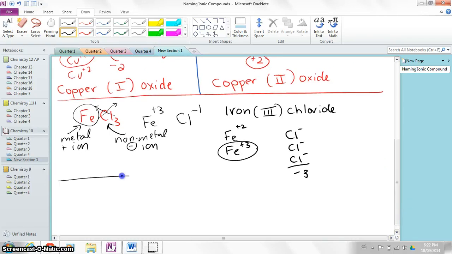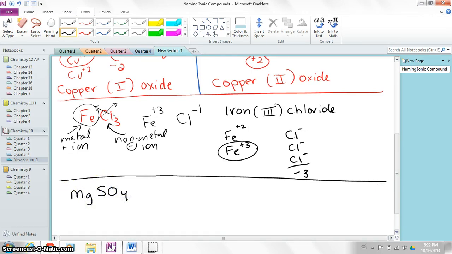Before we finish off, I want to talk about polyatomic ions. So let's say you have a compound like this, MgSO4. Now it's got more than 2 capital letters. So in that case, you know that you have a polyatomic ion in there.